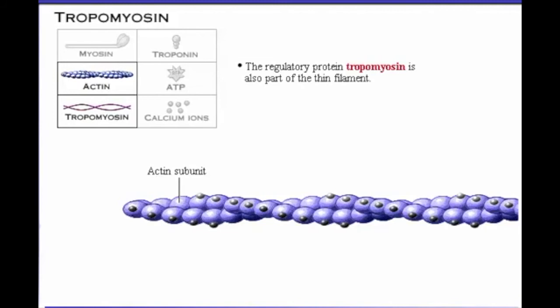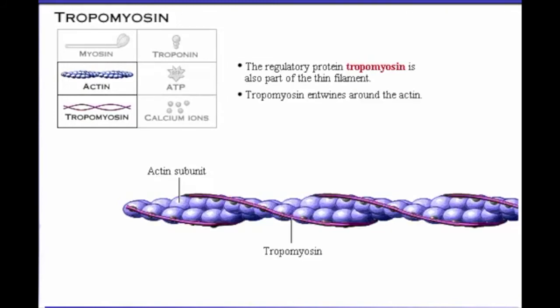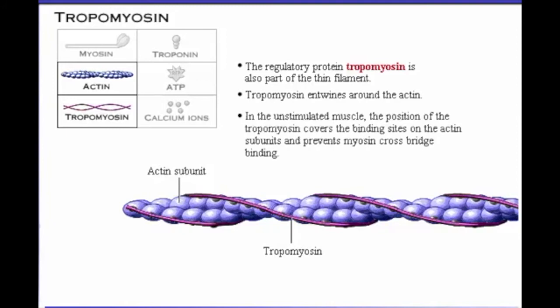The regulatory protein tropomyosin is also part of the thin filament. Tropomyosin entwines around the actin. In the unstimulated muscle, the position of the tropomyosin covers the binding sites on the actin subunits and prevents myosin cross-bridge binding.